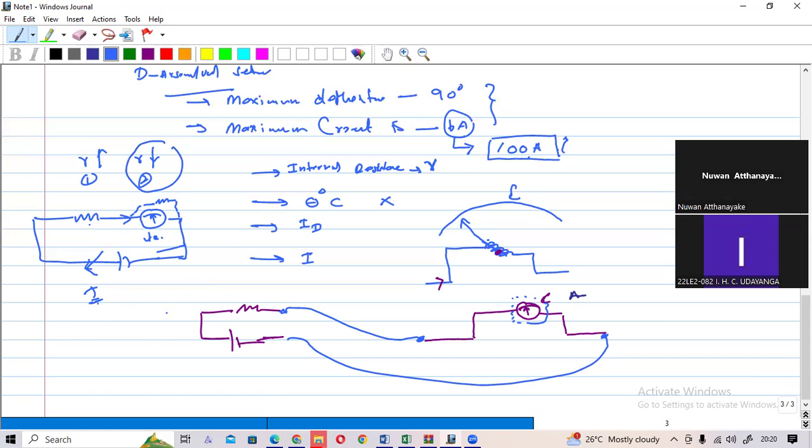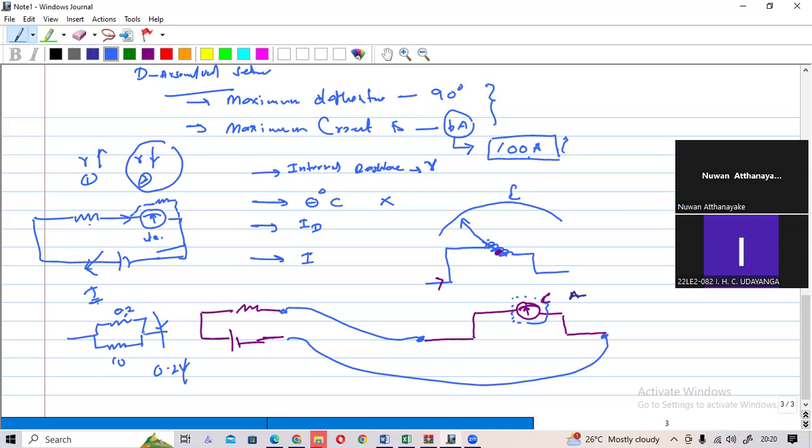You know that if you have a resistance like this and you connect a parallel resistance, the total resistance will be dropped. For example, if this is 0.2 and this is 10, the total resistance will be less than 0.2, less than the minimum resistance.